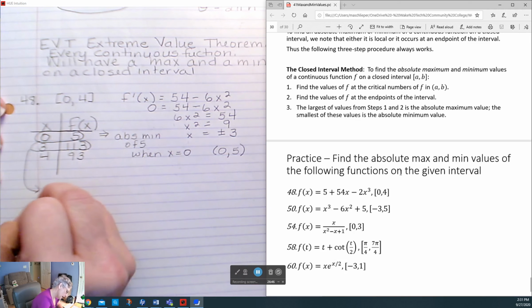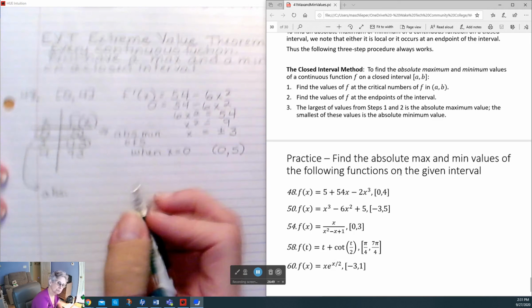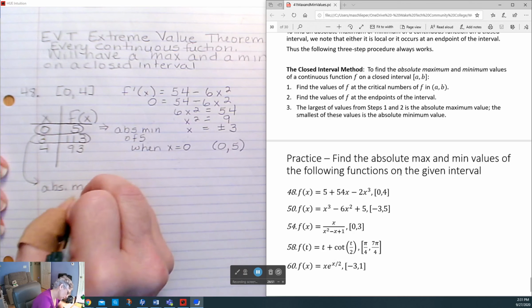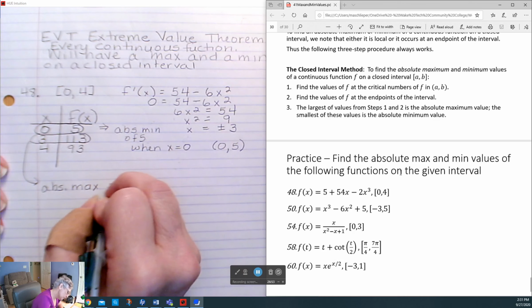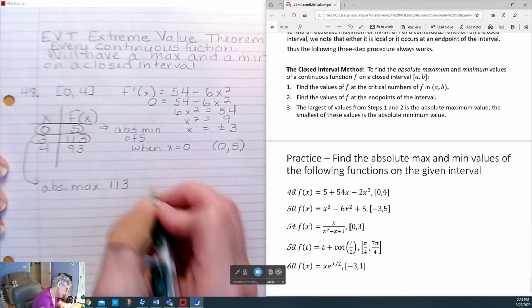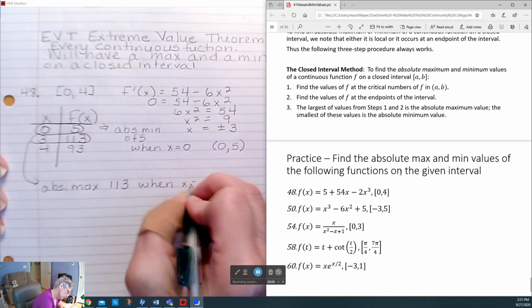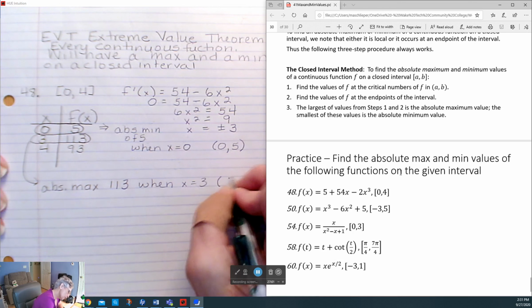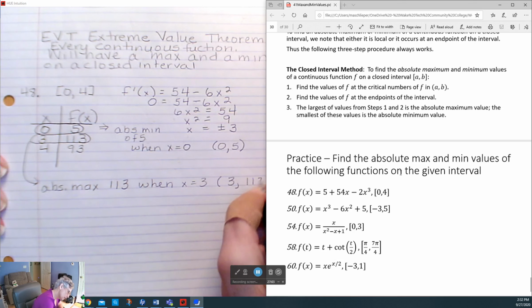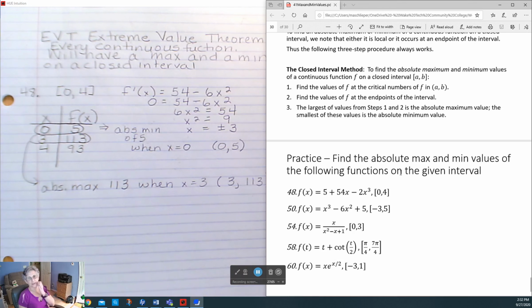And we have an absolute max. The absolute maximum value is 113 when x equals 3, so it's the ordered pair 3, 113.